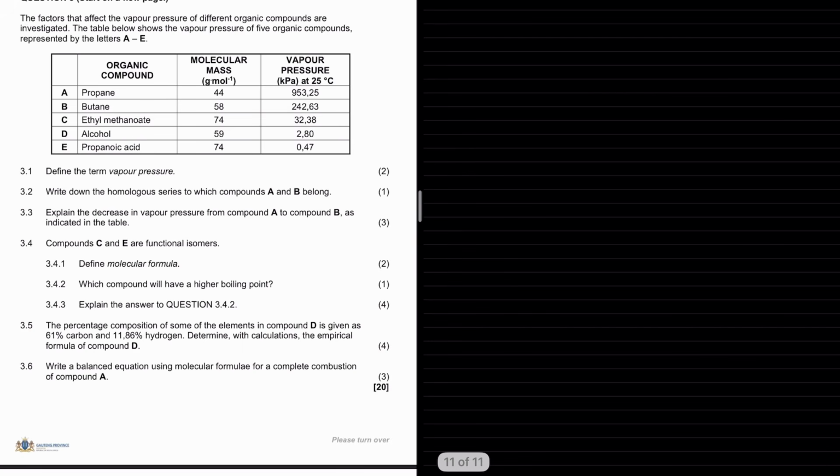3.6, write a balanced equation using molecular formula for the complete combustion of compound A. So compound A is propane. So propane is C3H, 3 times 2 is 6, plus 2 is 8. And then combustion means you are reacting it with oxygen.